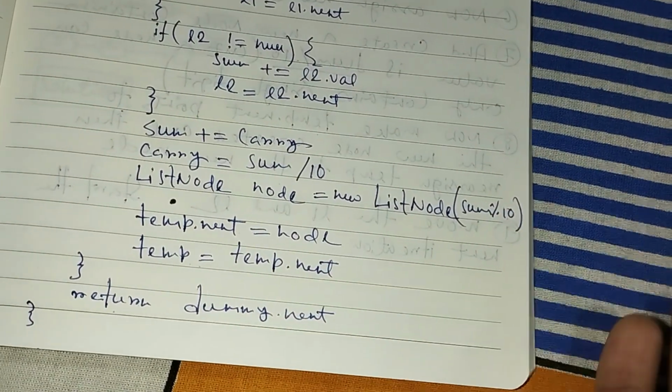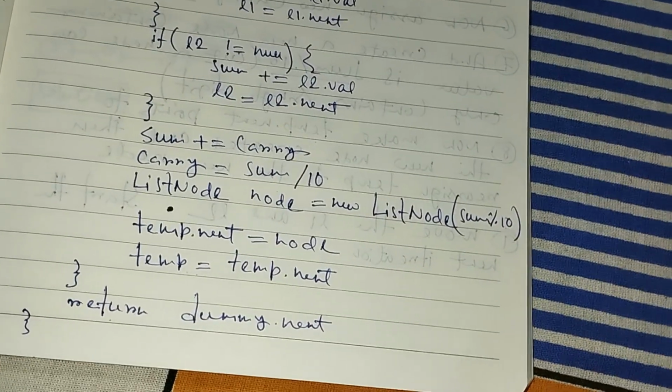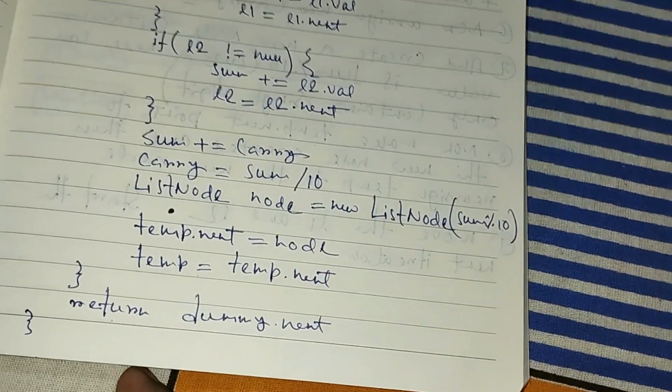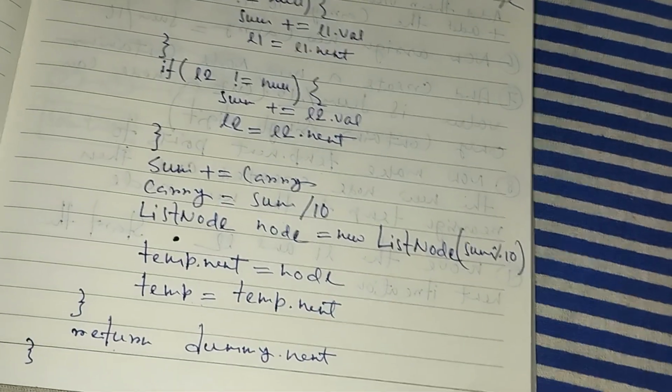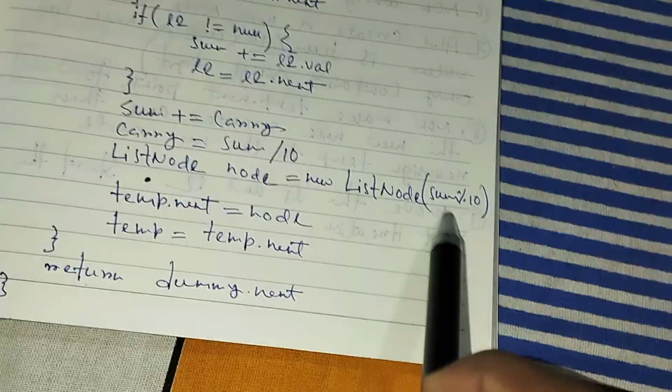If the sum is less than 10, the carry will always be 0, because 9 divided by 10 would be 0 point something, and since it is an integer value, it will only take the 0. Okay, and let's create the new node of our summation.